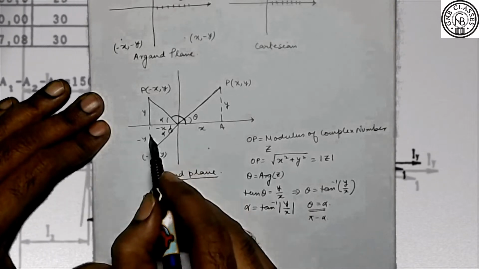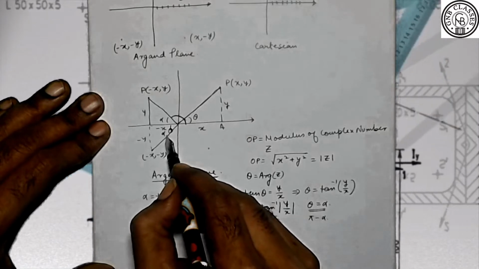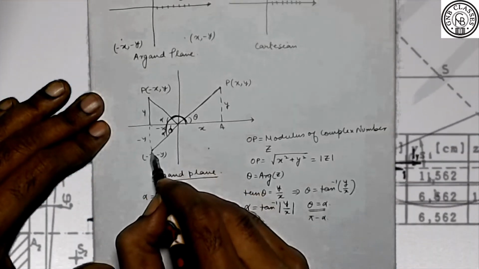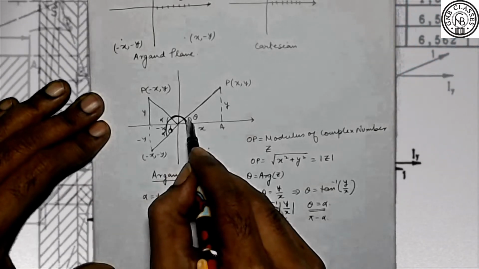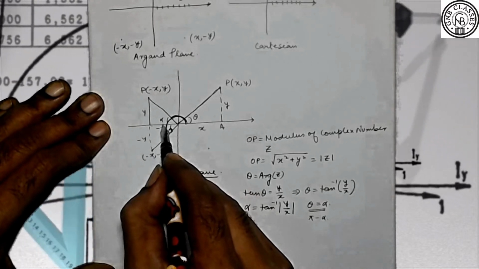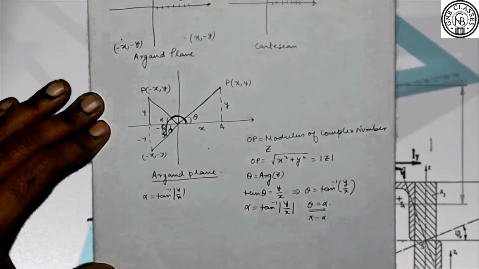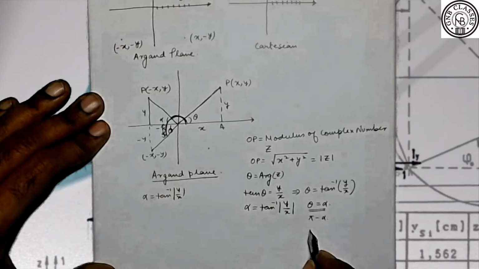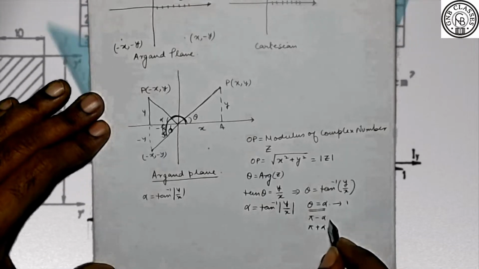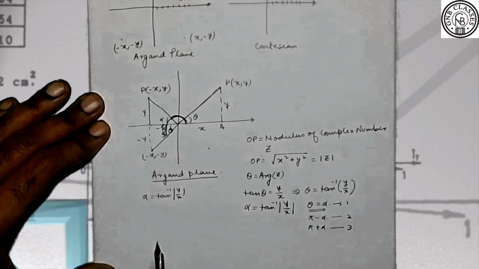So this angle is alpha, and the argument of this point associated with the complex number z is the angle made by this point with the positive direction of the x-axis. This is calculated as pi plus alpha. Yes or no? So when the point is in the third quadrant, your argument is pi plus alpha. This is when it is in the first quadrant, this is when it is in the second quadrant, and this is when it is in the third quadrant.